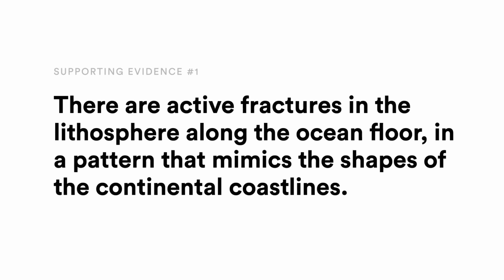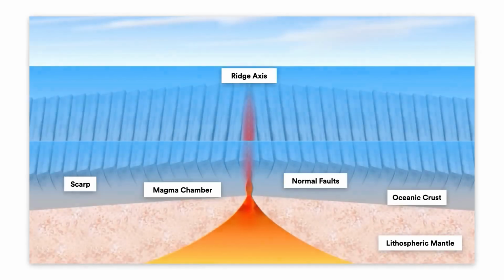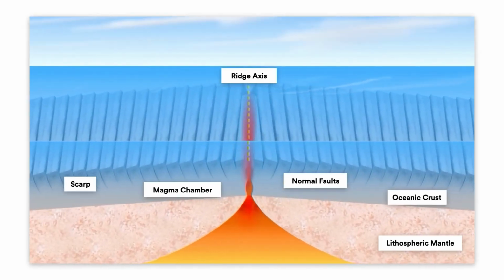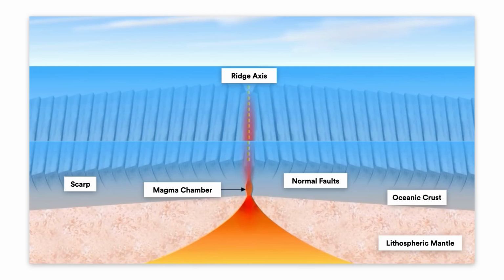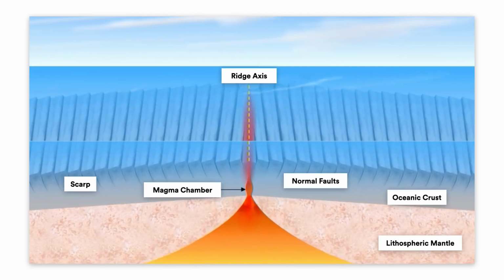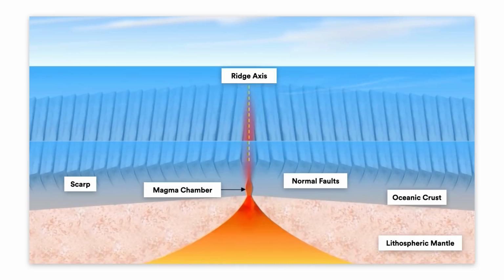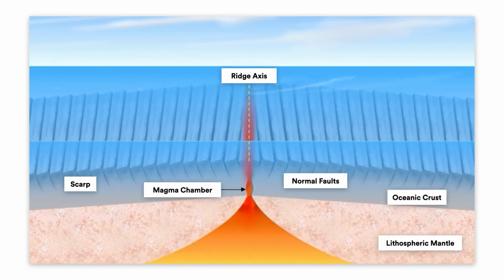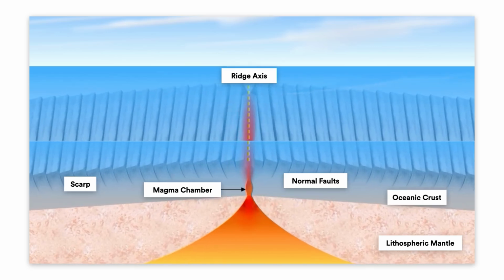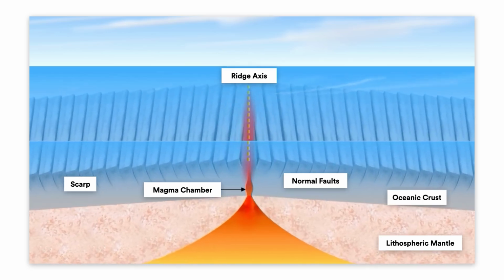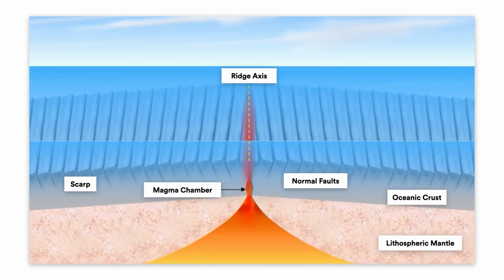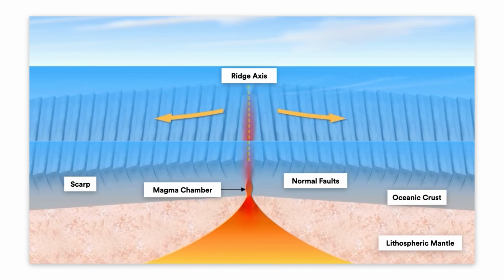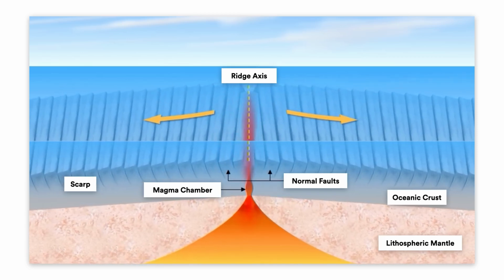Based on these observations, scientists like Hess developed an idea that along this ridge, magma from underground magma chambers was spewing up through the crack in the Earth's surface and pushing the plates apart, pushing the slabs of rock on either side away from one another, in what would become known as a spreading center or a divergent plate boundary, as seen in this animation here. Slowly over time, the plates spread apart, carrying the rock and the sediment with them.